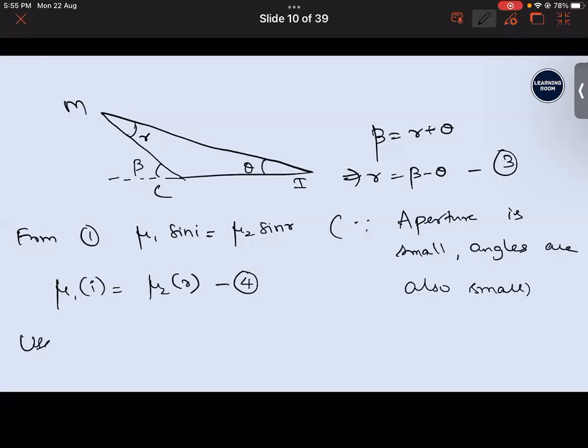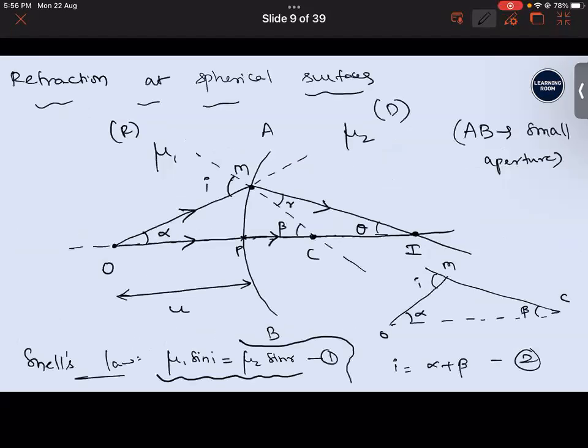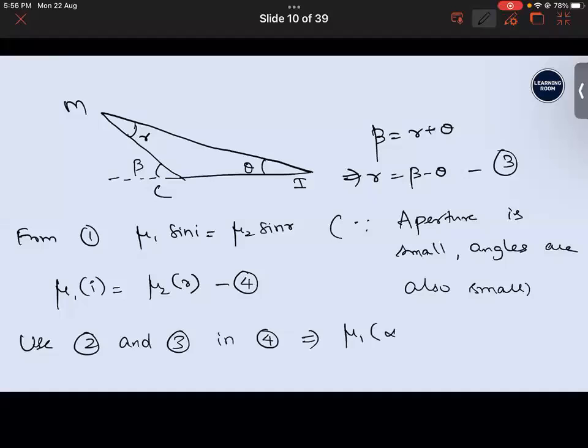Then what I will say is use 2 and 3 in 4, which implies mu1 into I is how much? Alpha plus beta is equal to mu2 into what is R? It is beta minus theta.